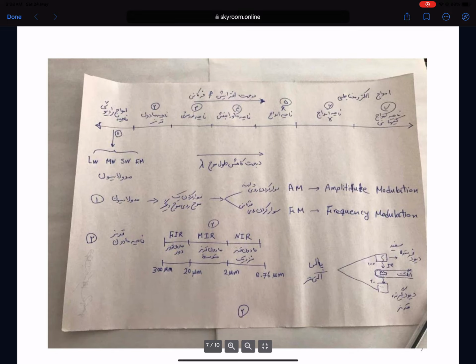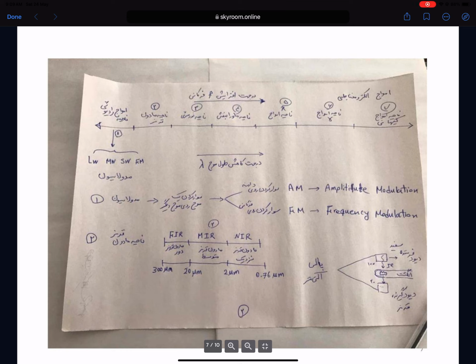Now we can go to the second region, which is very important. The second region in the electromagnetic waves, this is like a family album for electromagnetic waves, because they have a lot of specific regions. So the second region is called infrared.